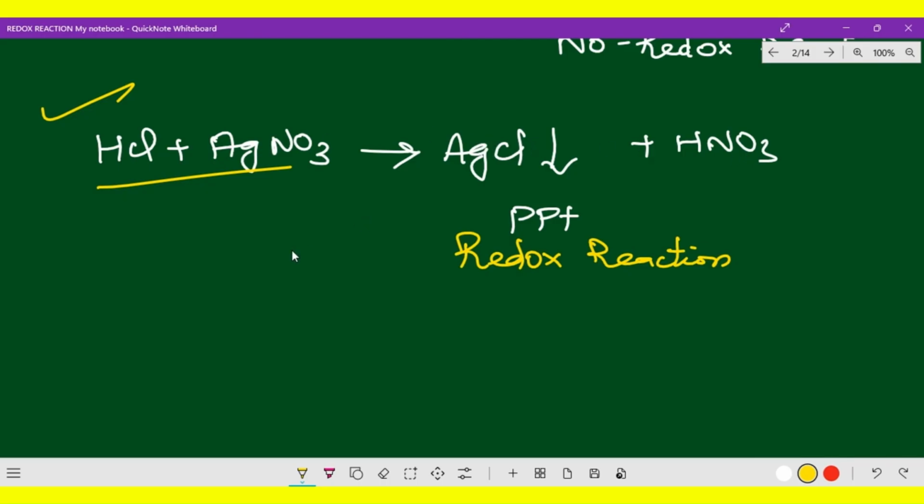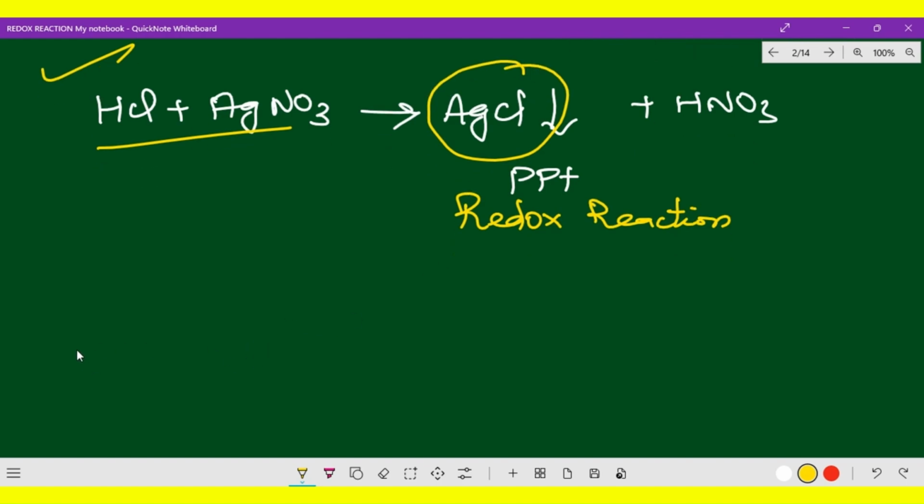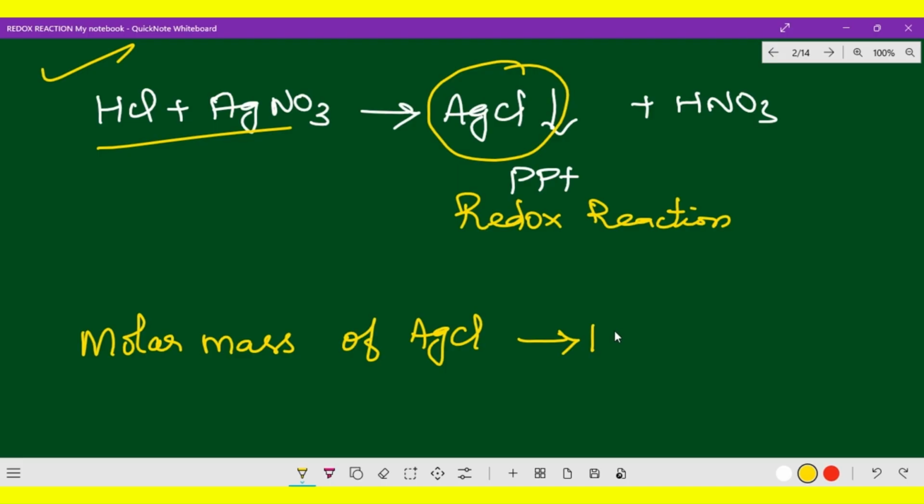Now when HCl reacts with AgNO3, you will get AgCl, which is a precipitate. The molar mass of AgCl is 143.5 gram per mole, right?